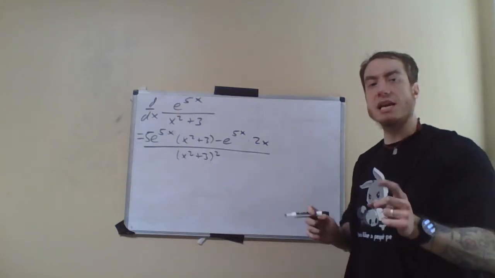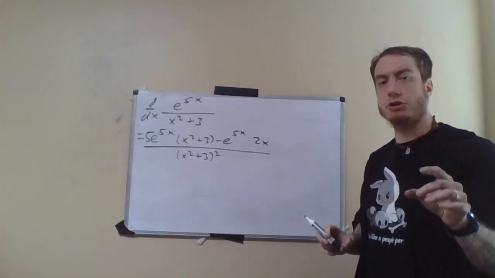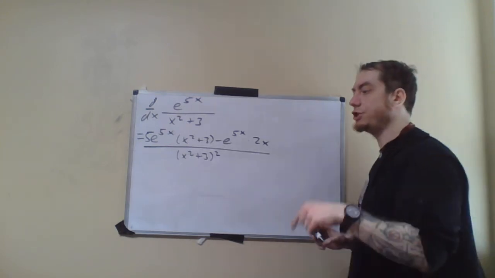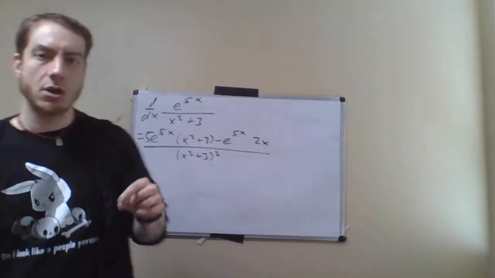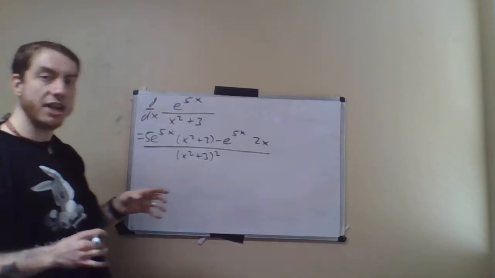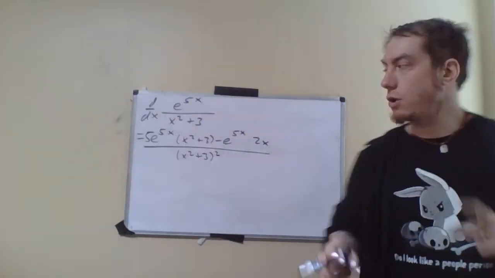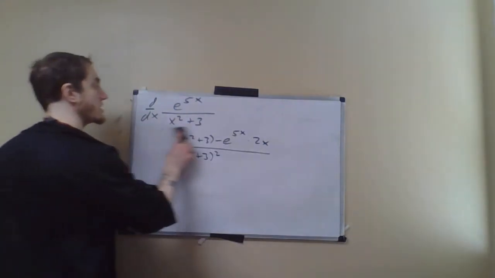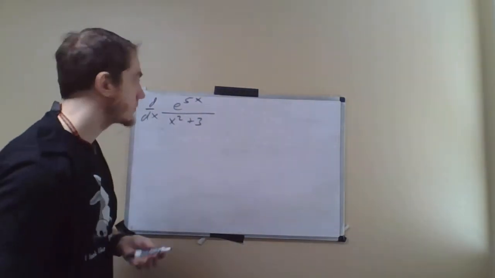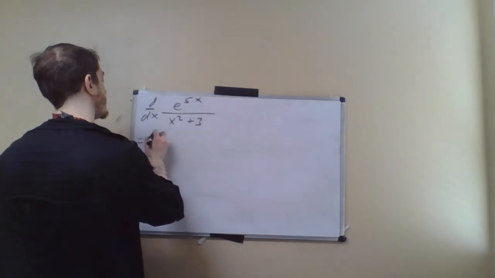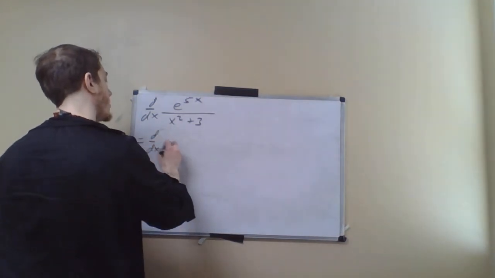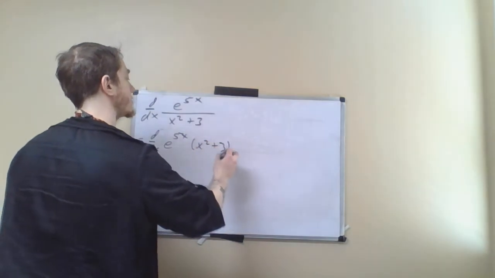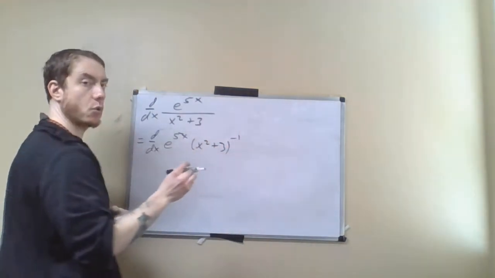But the interesting thing is, remember at the end of last time I showed you how the quotient rule is really a consequence of the product rule and the generalized power rule, which is really a special case of the chain rule. So I could alternately solve this problem by doing the following. I could turn this into the derivative of e to the 5x times x squared plus 3 to the minus 1.